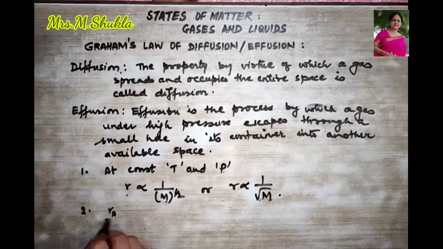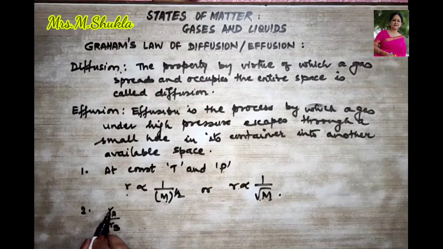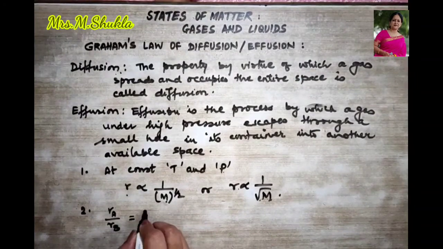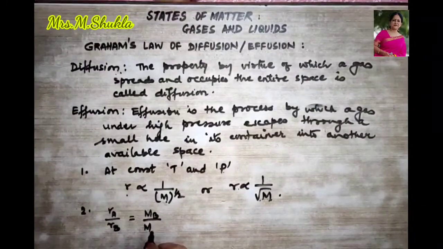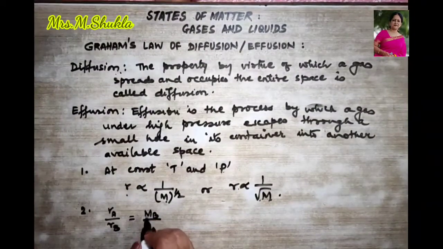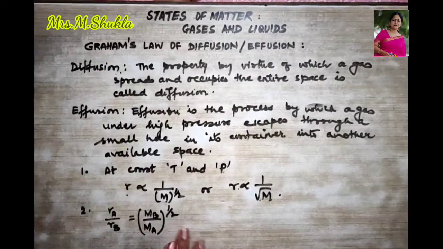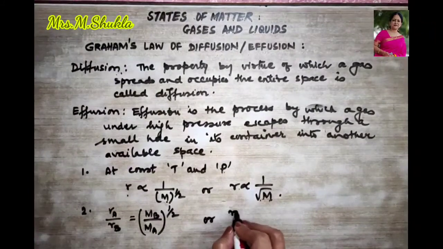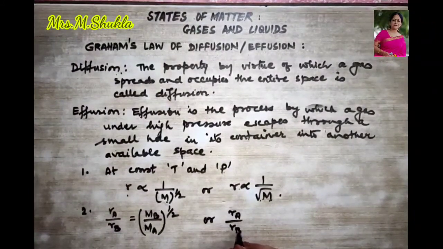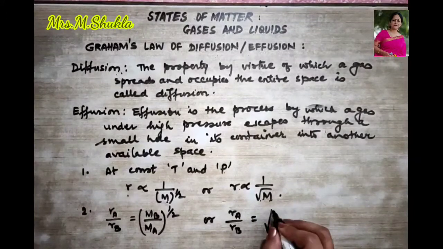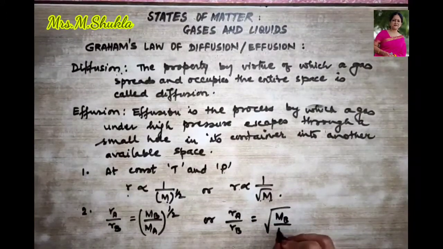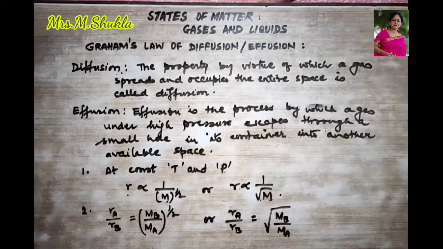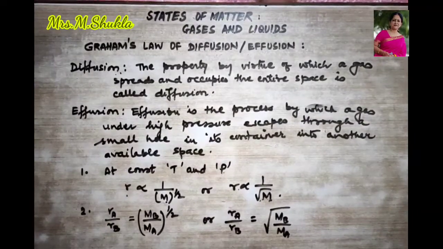So RA upon RB, the relative rate of effusion of gas A and gas B, will be equal to the square root of the molecular mass of B upon the molecular mass of A. This can also be written as RA upon RB is equal to under root MB upon MA. Clear? I hope the second point is also very clear to you.